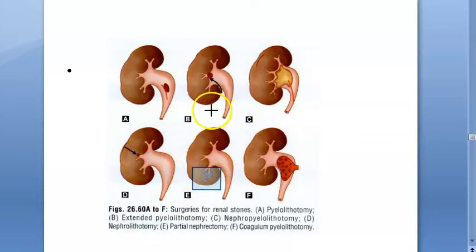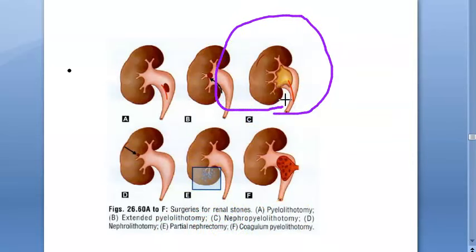Then pyelo-nephro-lithotomy. Where is that? Pyelo-nephro-lithotomy is this one. They have written nephro-pyelolithotomy, pyelo-nephro-lithotomy. They keep interchanging it, is it? So look at this. The stone is extracted through an incision in the pelvis as well as the renal parenchyma. So where is the incision? Two places. It is in the pelvis as well as the renal parenchyma.